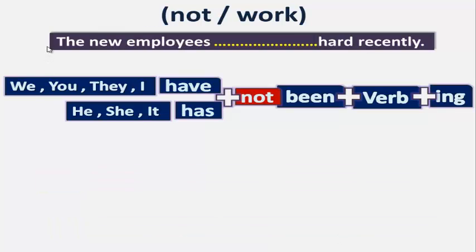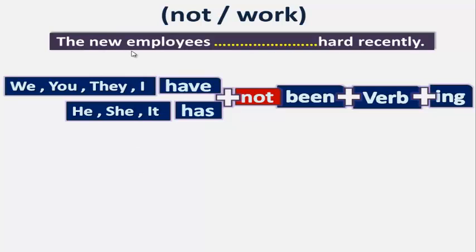Right, let's change the subject. The subject in this sentence is the new employees. Use not, and then the verb work, and complete the sentence. Okay, so here is the rule again. Study it carefully, and let's answer this question and put the verb in the correct tense.